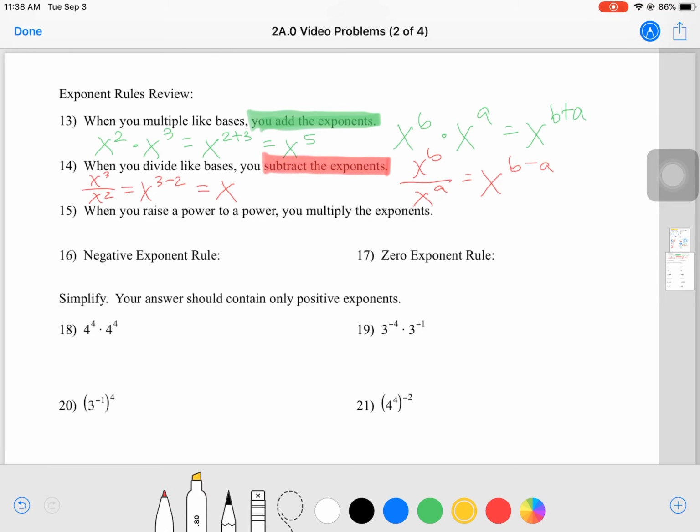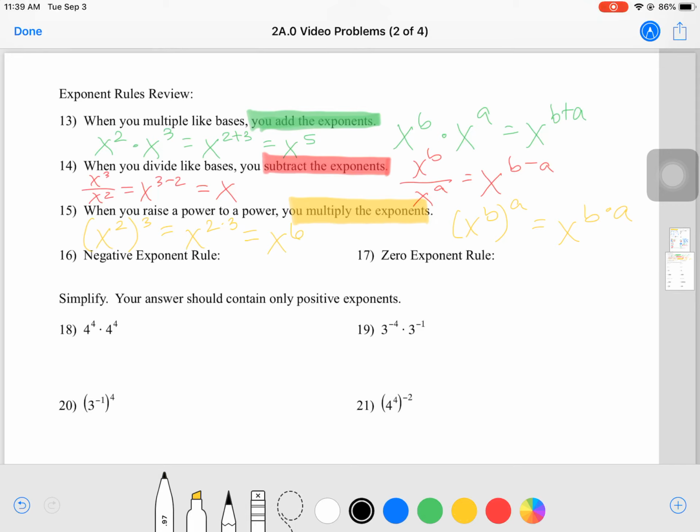The next rule, when you raise a power to a power, you multiply your exponents. If I have x to the b raised to the a power, I will do x to the b times a. So x squared cubed tells me to do x to the 2 times 3, or x to the 6th.